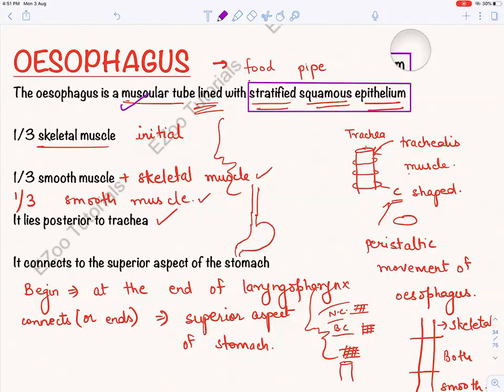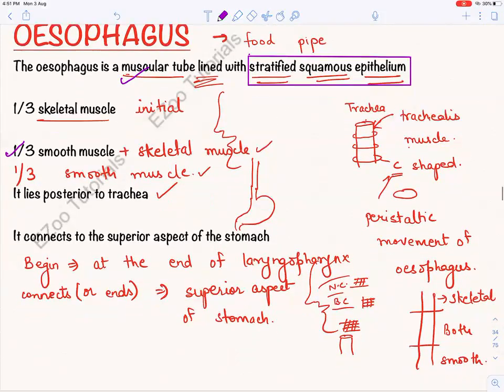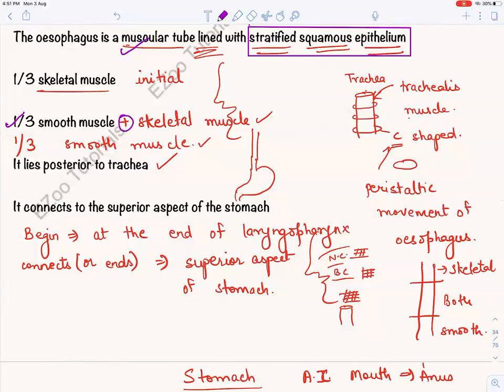The initial first third is skeletal muscle, then smooth muscle and skeletal muscle, and then only smooth muscle. I showed you, if this is the trachea and this is the esophagus, then the first third is skeletal, then both skeletal and smooth, and then only smooth muscle.